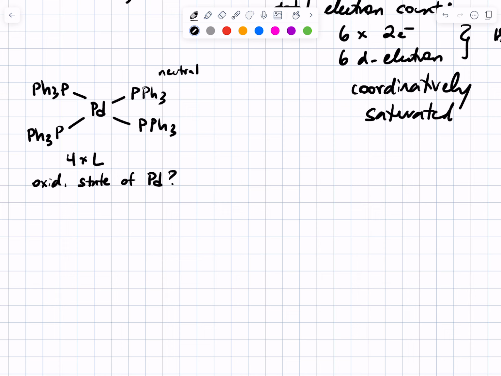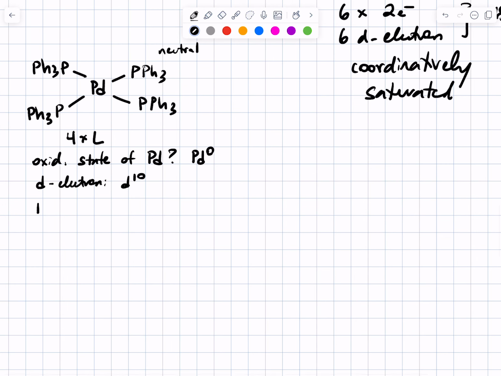Neutral. So that's palladium 0. That means, what is the d electron count for palladium? Normally has 10. Its oxidation state is 0, so d10. That's easy. And then total electron count.